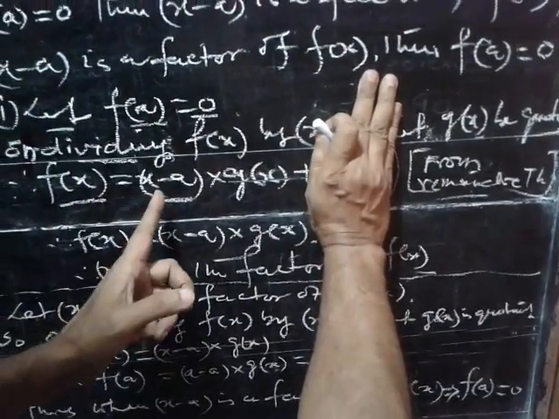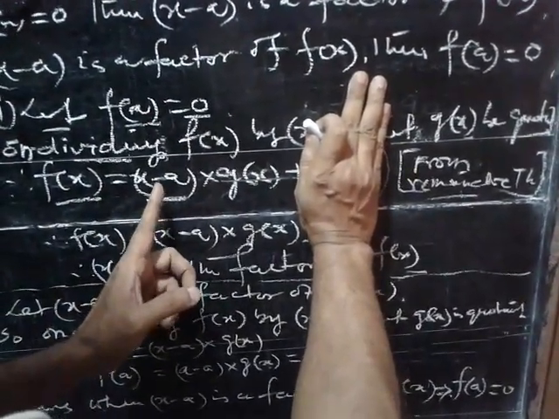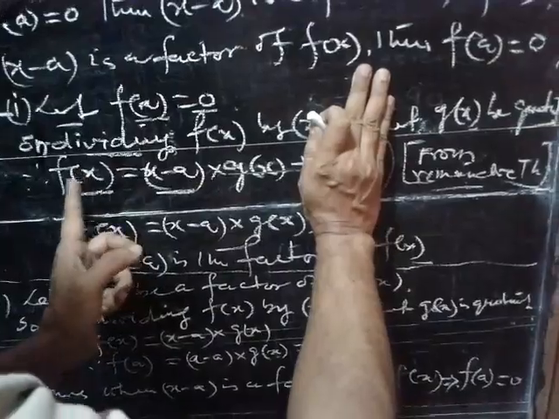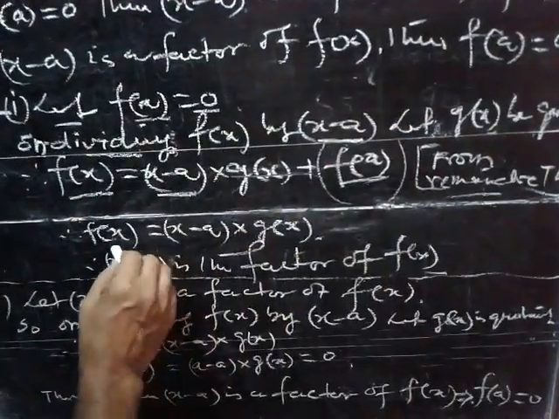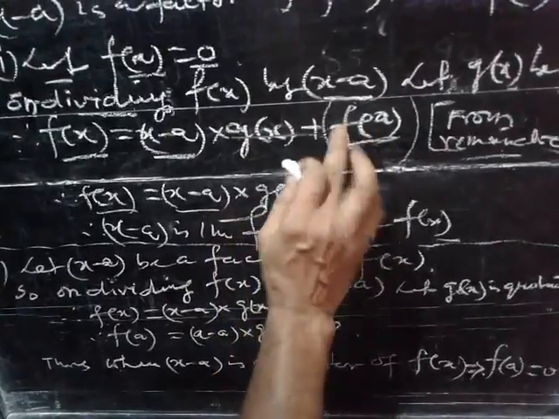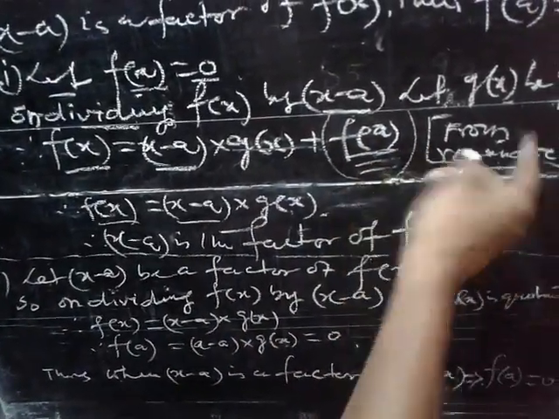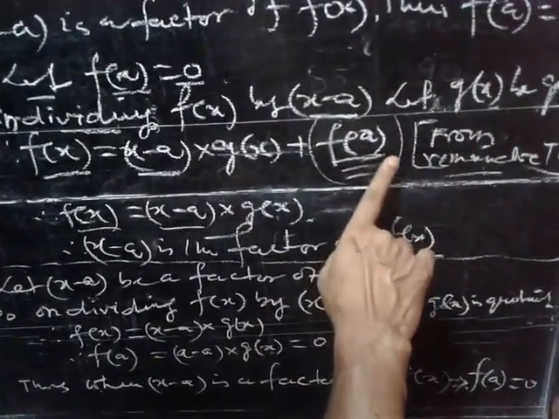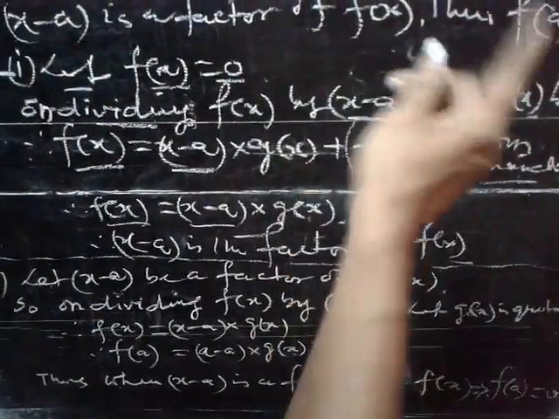So this x minus a is the factor of f(x). Through the remainder theorem, we can prove that f(a) equal to the remainder.